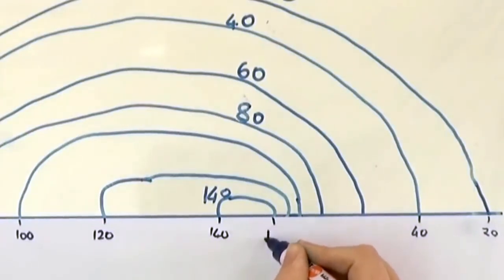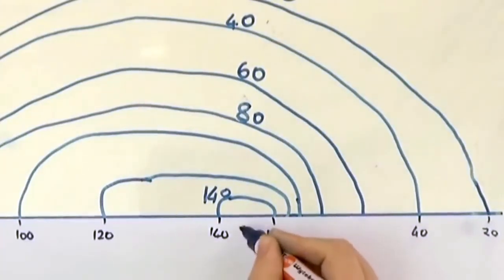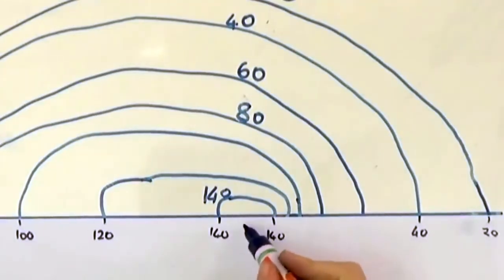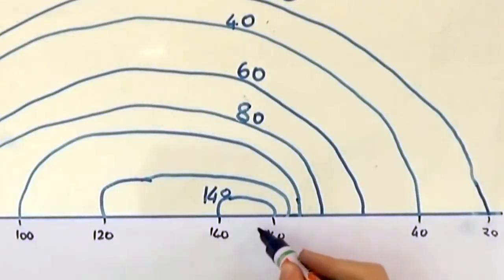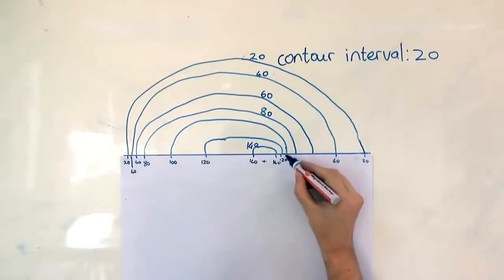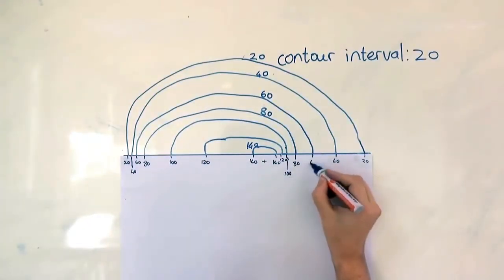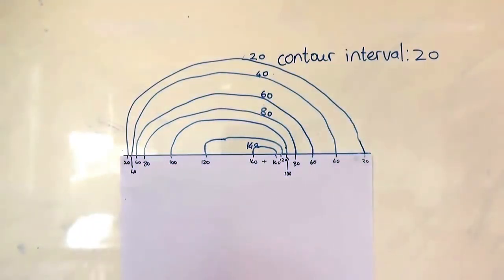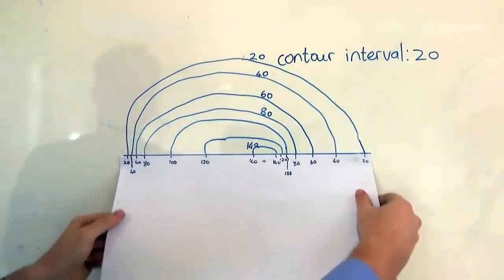Now here is where you must make a note to remind yourself that this area here between these two lines, or where these lines cross the horizontal line, is higher than 140 unless there's something strange going on there. So make a plus here. Very important to place your piece of paper properly and make sure it doesn't move, otherwise your cross section won't be accurate. Right, let's go to step number 2.